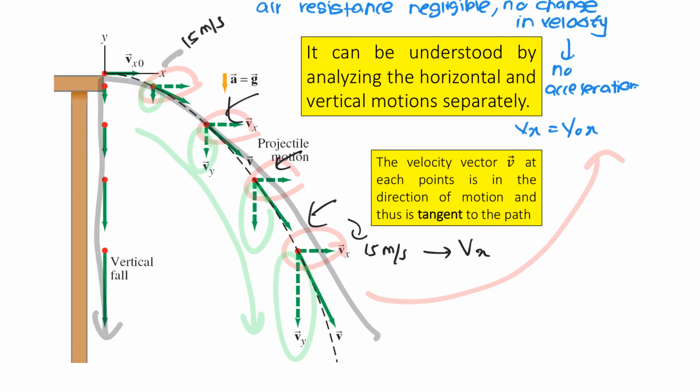Please take note, for the x component your acceleration will be 0, but not for the y component. The y component is affected by, yes, very good, acceleration, which is gravitational acceleration.